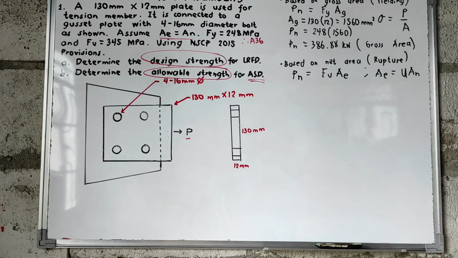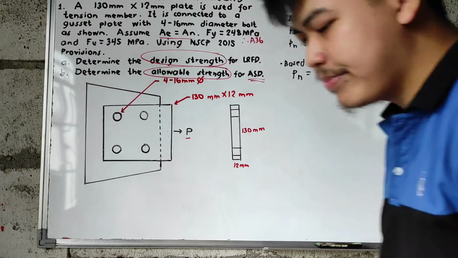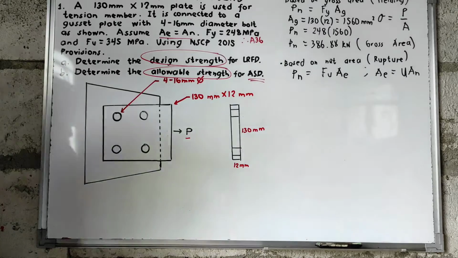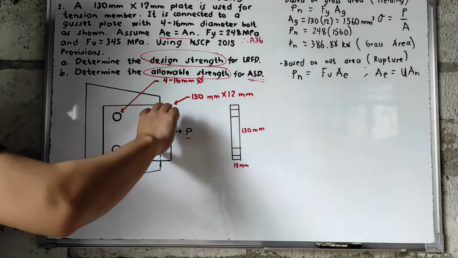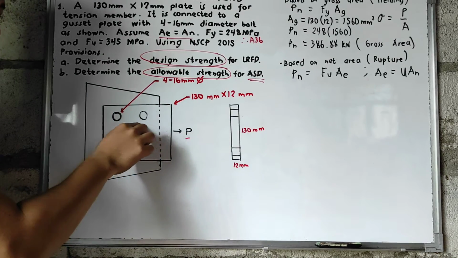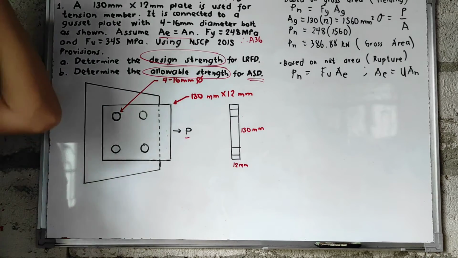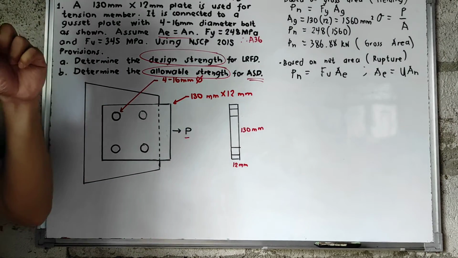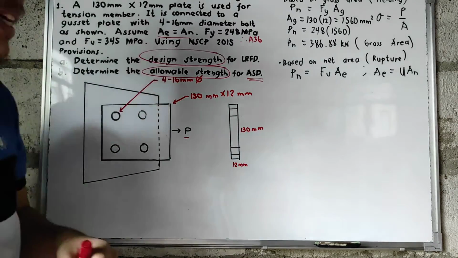So, under dito sa limit state natin sa rupture, sinasabi niya dito na may effect yung mga butas caused by the connection natin sa mga holes natin. Kasi, yung tendency kasi, kapag meron tayong mga butas, yung area ng plate natin nagdi-decrease.